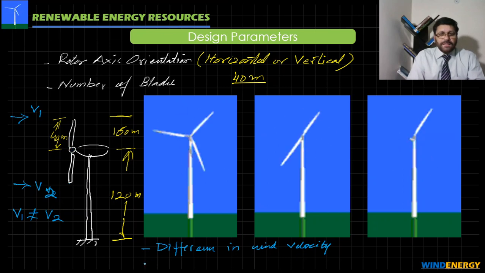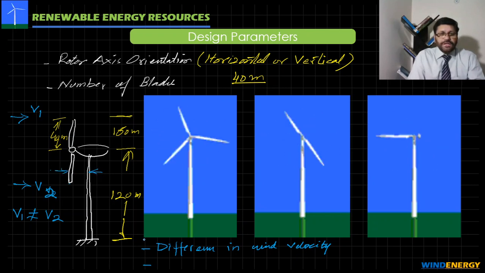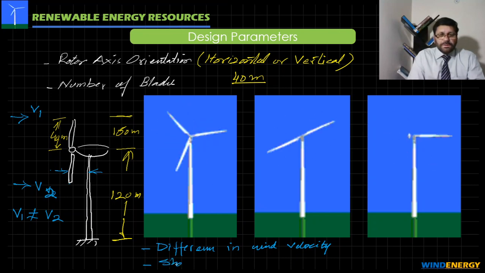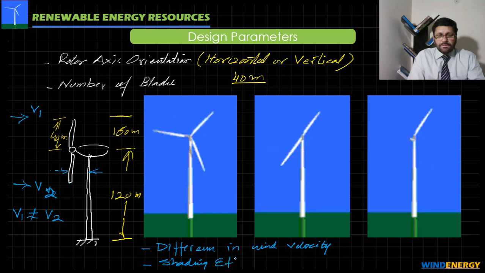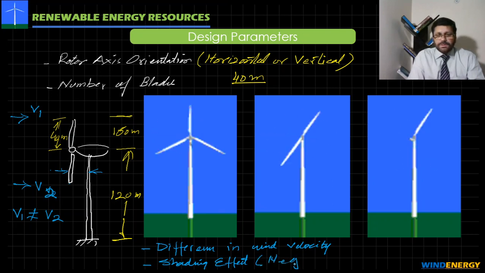The second thing, once the lower blade passes in front of the tower, there is going to be the shading effect. Now the shading effect is nothing but negative pressure.